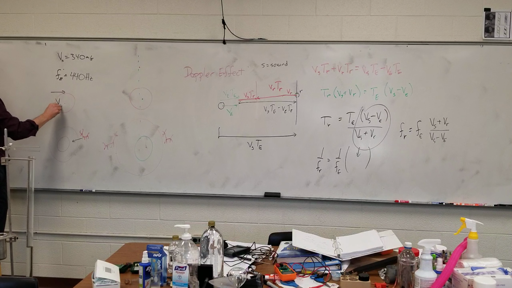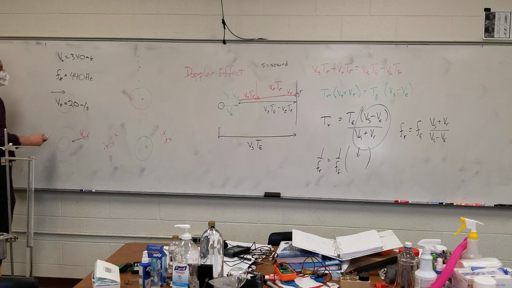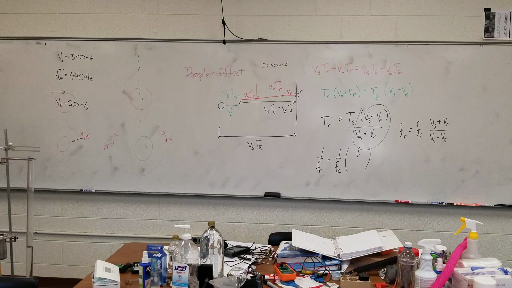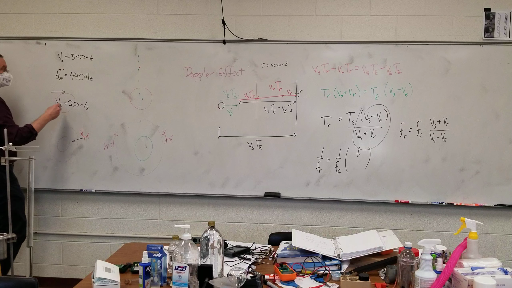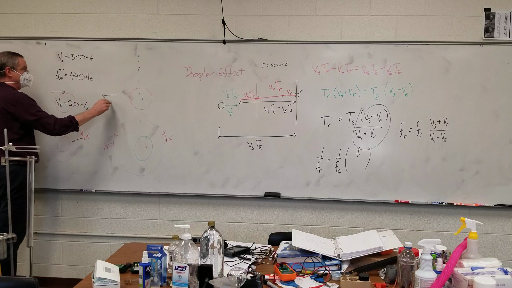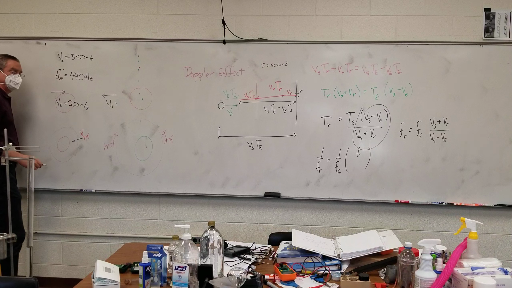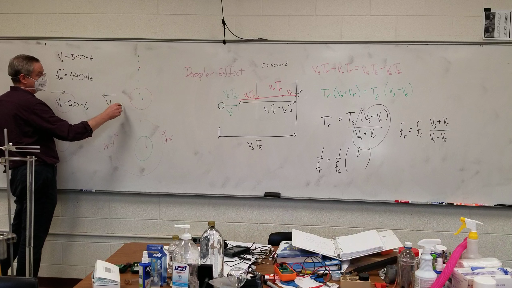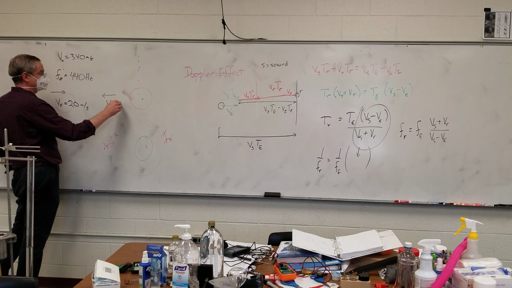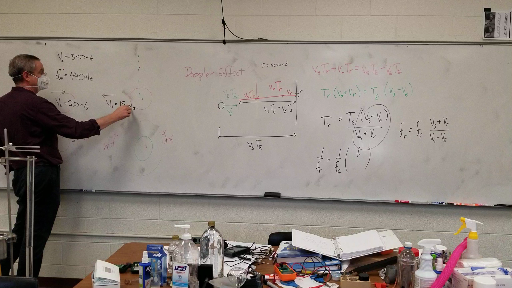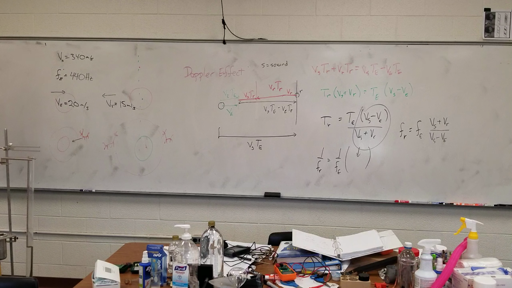The speed of the emitter, we'll make it 20 meters per second. Meanwhile, somebody's running straight at it. The speed of the receiver, whoever's carrying the sound, is, say, 15 meters per second. So the question is, what's the frequency that the receiver is going to hear?